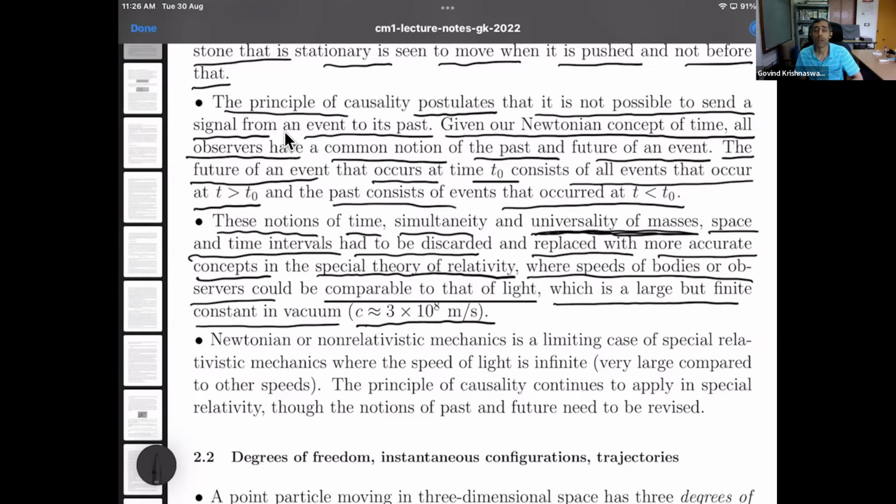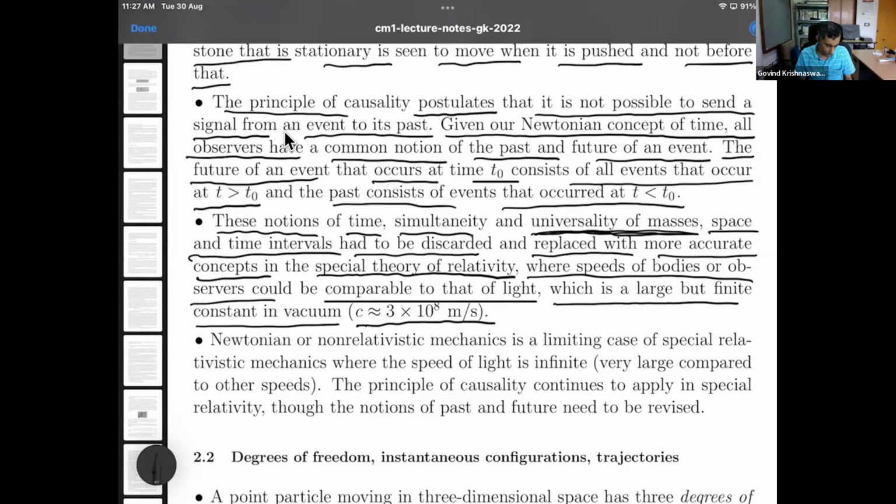Okay, so with the passage of time, it was realized that light doesn't travel infinitely fast, and that has consequences, in particular for these notions of time, simultaneity, and so on. So it had to be revised subsequently. We will talk about that later.